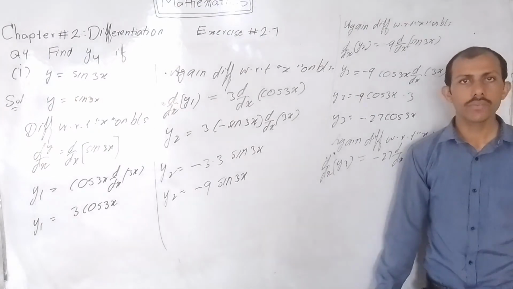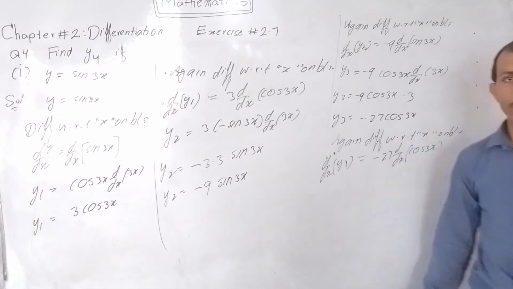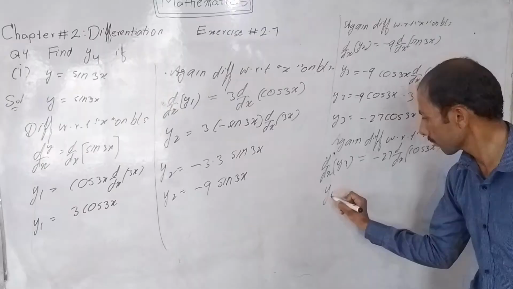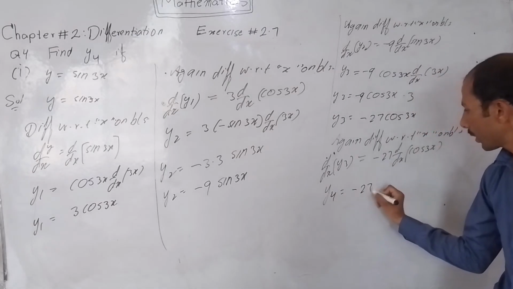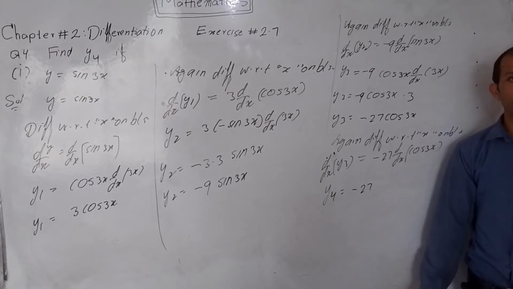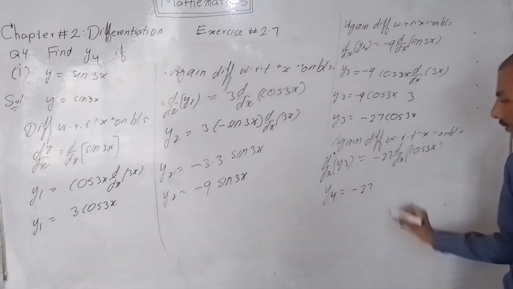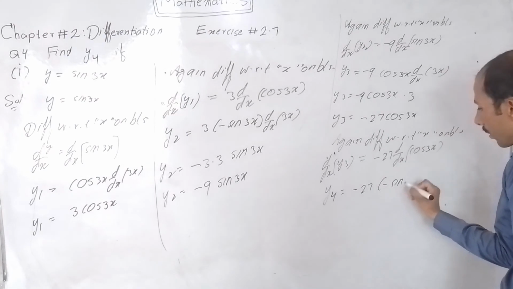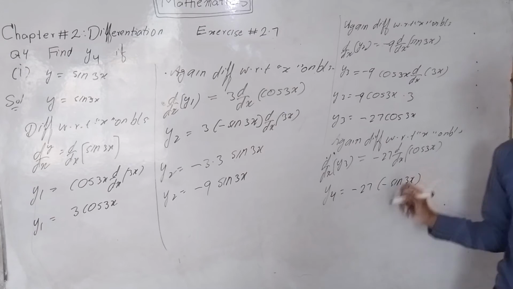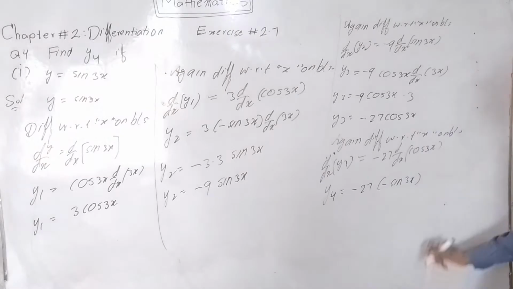The derivative of y3 with respect to x is y4. Minus 27, the derivative of cos 3x is minus sin 3x. Again the derivative of the function 3x.